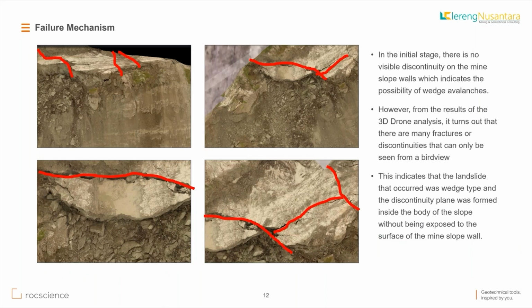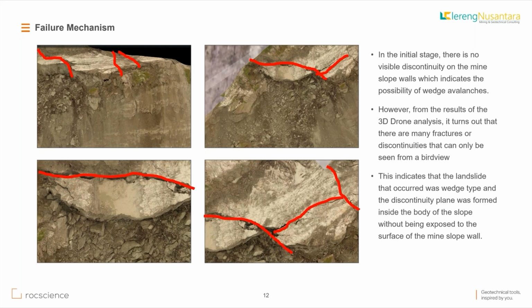The thing is, there is no discontinuity data discovered from the initial explorations or initial geotechnical drilling and investigation in the mining site. They also didn't see it when they excavated the mine, and there is no clue at all about any kind of discontinuity on the slope walls.